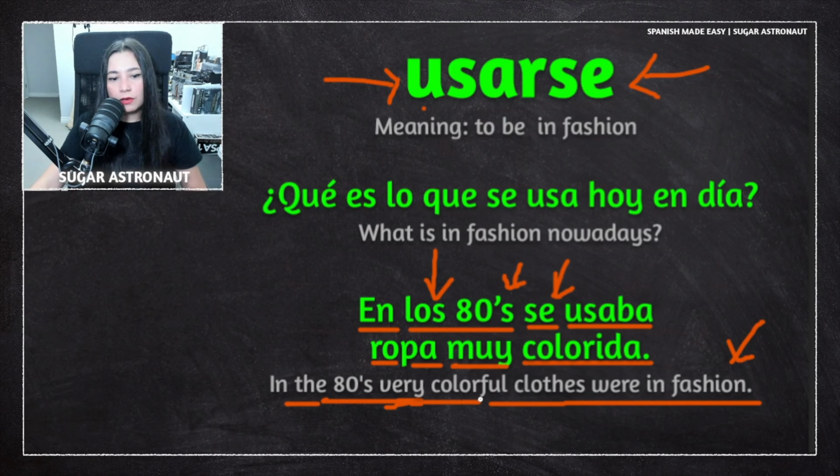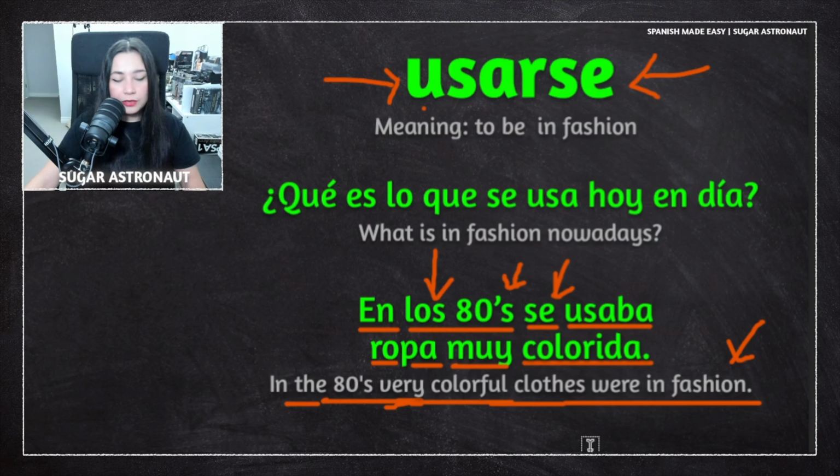Colorida means colorful. When you have a feminine noun, la ropa, you need a feminine adjective, colorida. When you have a masculine noun, for example el auto or el carro, meaning the car, and you want to say colorful car, you say el carro colorido. You just replace the letter A with the letter O for a masculine noun.